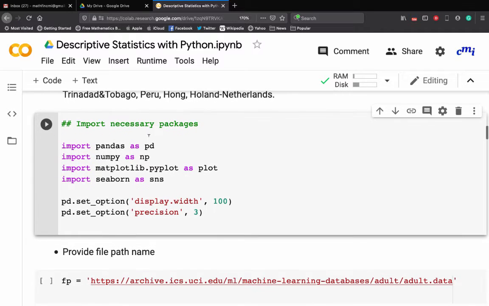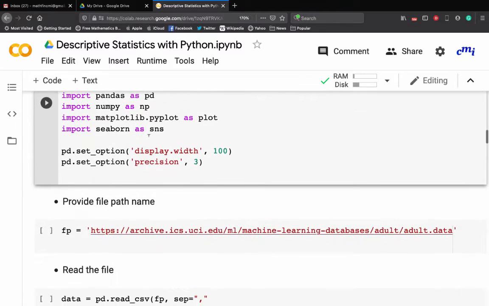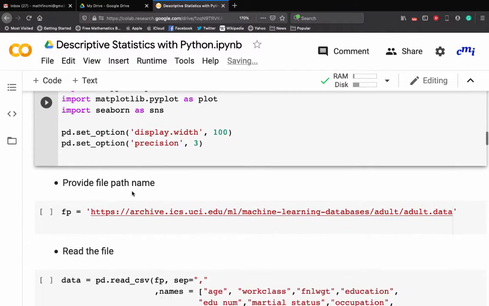Now, all the packages are imported in our environment. First, we provide the path name from where the data can be downloaded. So fp equal to, here is the entire path name.